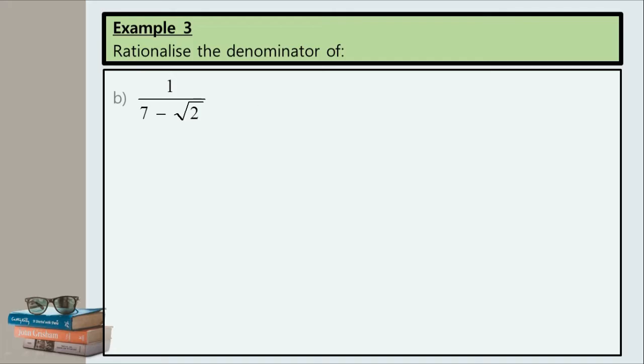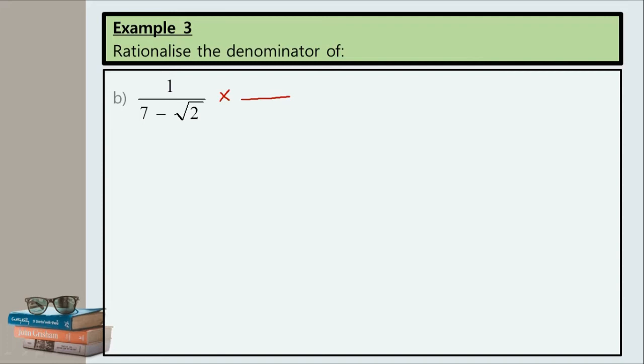Example 3b, we want to rationalize 1 over 7 minus surd 2. Again, denominator cannot have surd. Okay, dekat denominator kita ada surd, jadi tak boleh. That's why kita kena rationalize. So, to rationalize, we need to multiply with, dekat denominator we have 7 minus surd 2.